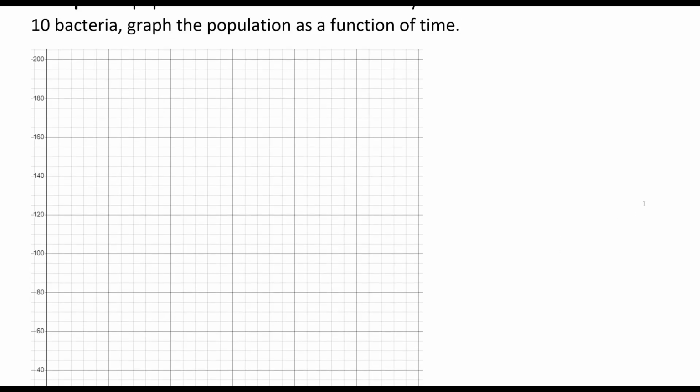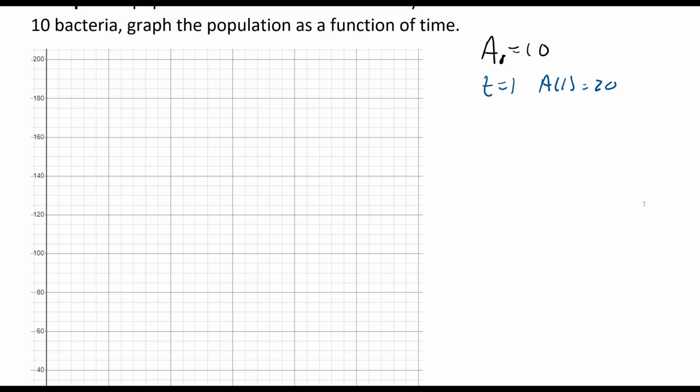Now our initial amount is going to be 10 bacteria. And after 1 hour, it will have doubled. So when t equals 1, the amount at time 1 is going to be 20.